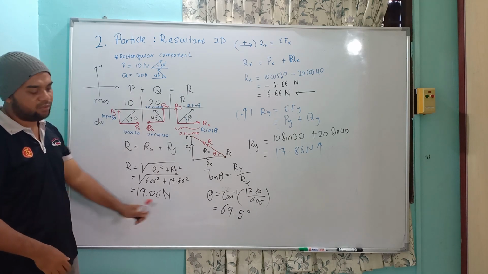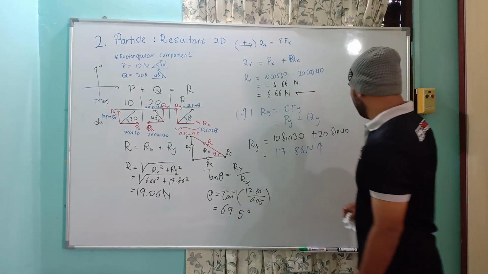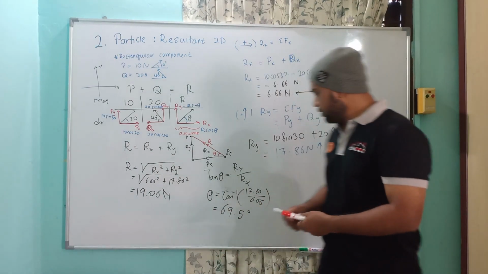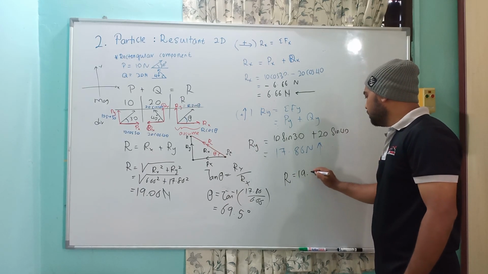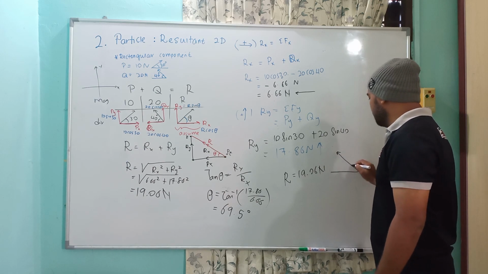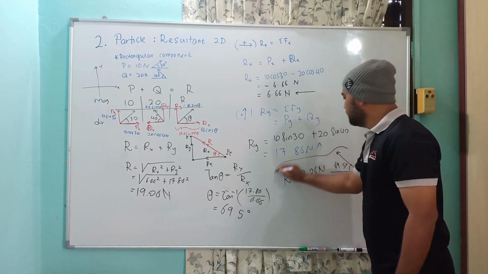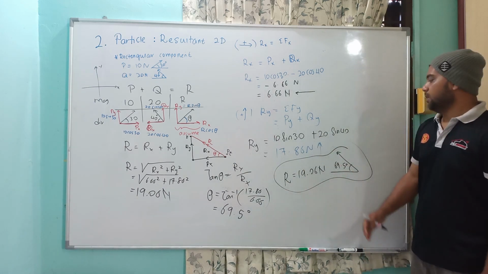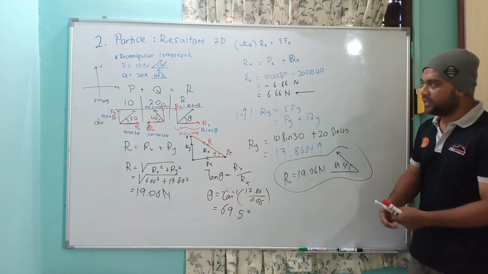So you have the magnitude and the direction, and normally for your final result, I urge you to just write R equal to 19.06 Newton, 69.5 degrees. So this is your final answer. You have the magnitude, you have the direction. Okay, I hope that is clear.